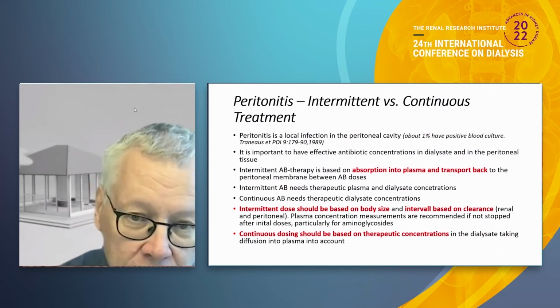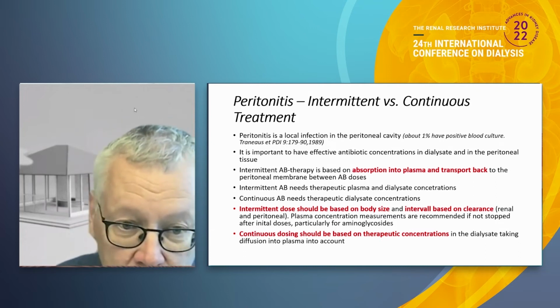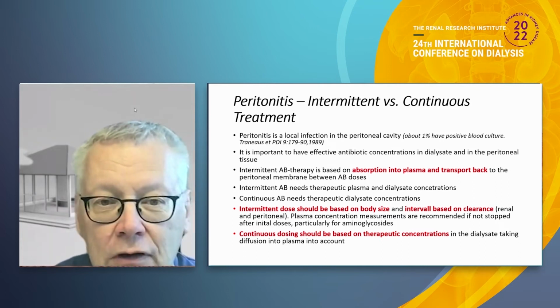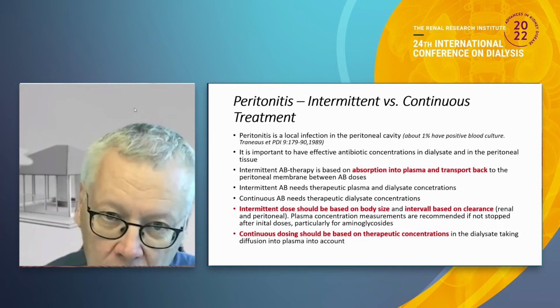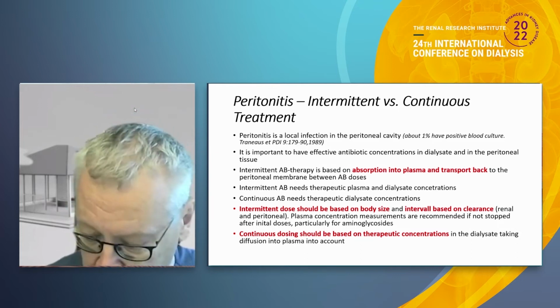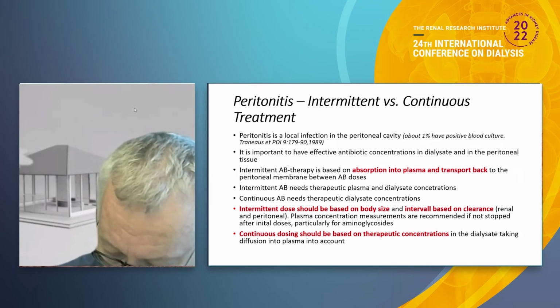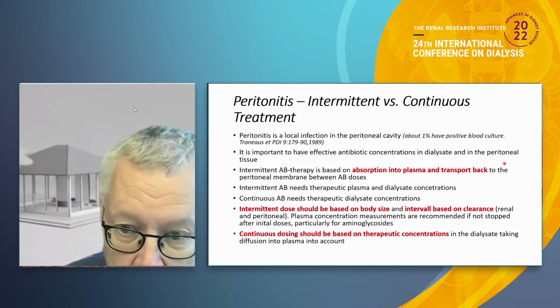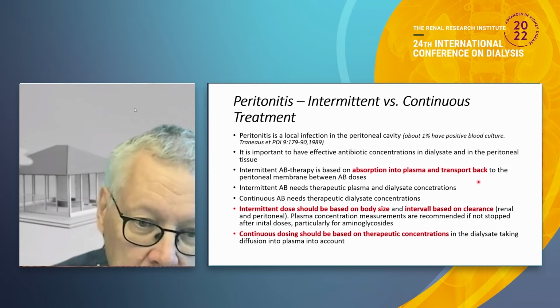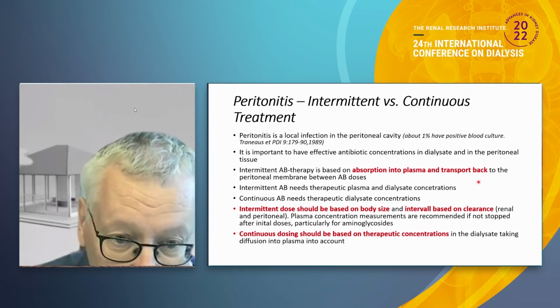When we look at the pharmacokinetics of intermittent versus continuous dosing, it's important to remember that intermittent antibiotic treatment is based on the absorption of antibiotic into plasma and transport back to the peritoneal cavity into the dialysate.